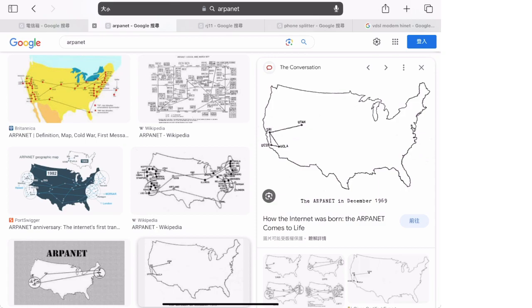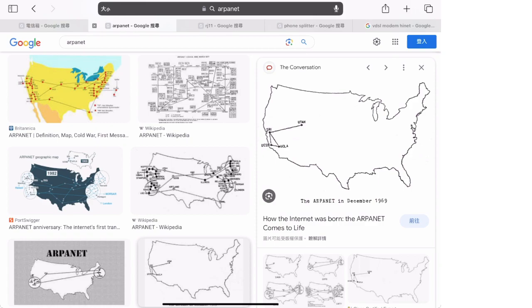There are only 4 small networks connected with each other, and you can see that UCLA, SRI, and UCSB are universities in California, so they have 3 cables that can connect them together.